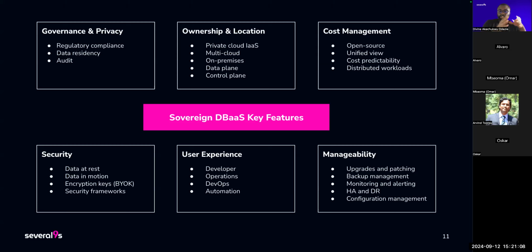You manage the keys, the rotation, storage in your personal vault, that can be away from wherever you're hosting your databases and wherever you deploy the control plane of the Sovereign DBaaS provider. Then user experience, like I mentioned: the core thing is to give that experience that they are already used to.